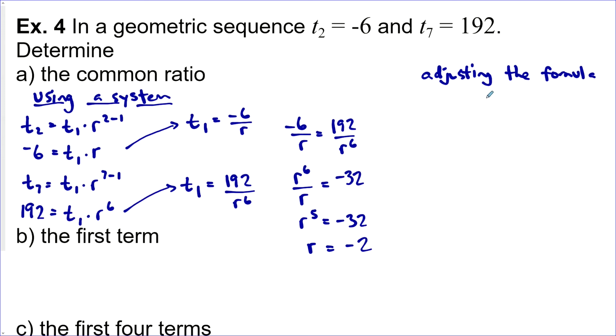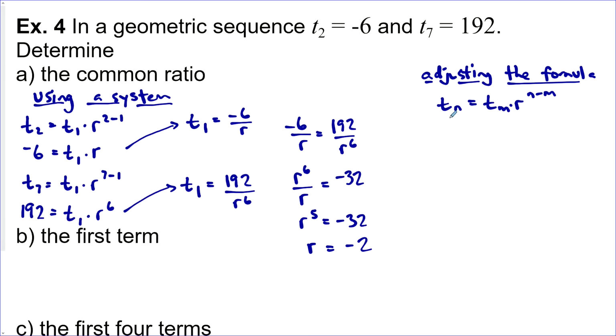Now just like we adjusted the formula for arithmetic sequences, we can do the same for geometric sequences. So this starts at 1 and this is minus 1, but there's really no need to do that. We could have Tn is equal to Tm r to the power of n minus m, because to get from this term m, whatever it is, you can multiply by r n minus m times.